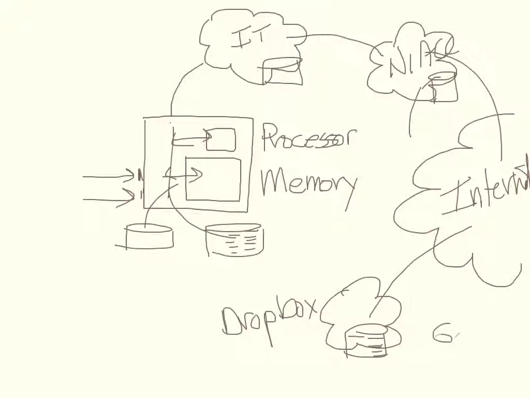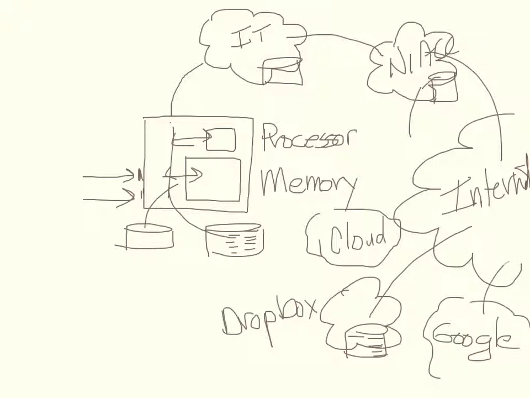Or you can store it at Google or iCloud. But all of those networks that connect to the internet, they're all storing it on some type of storage devices at their locations.